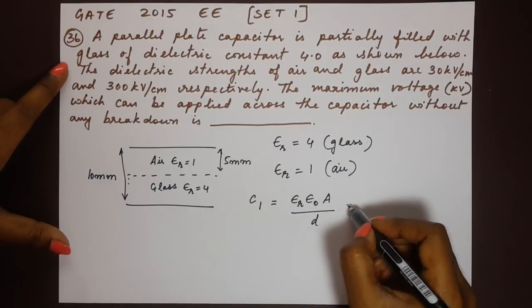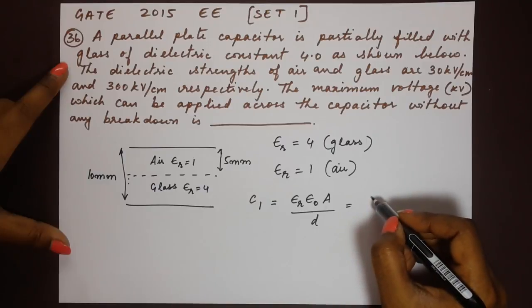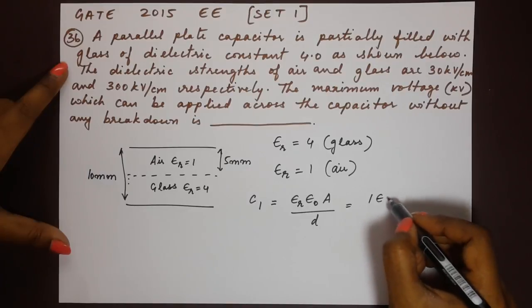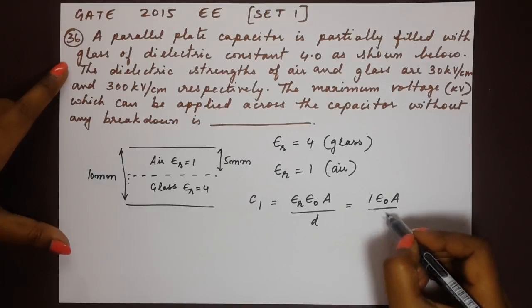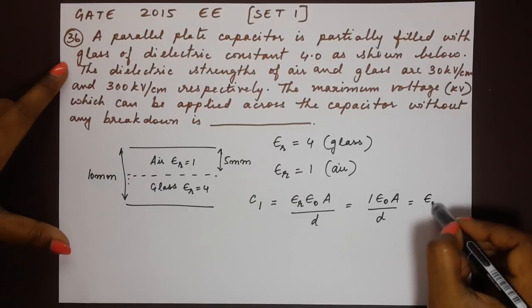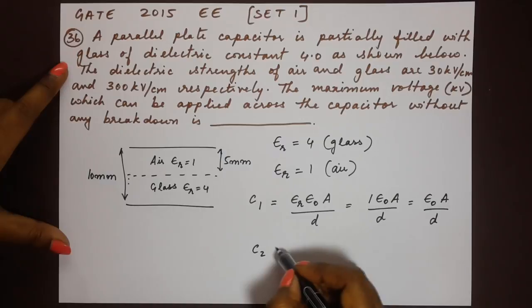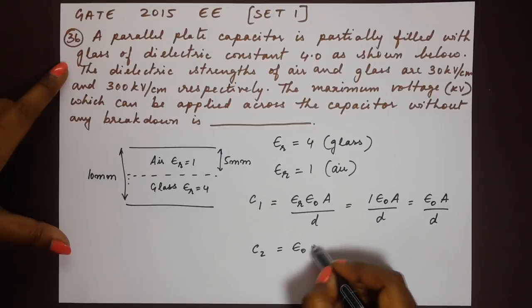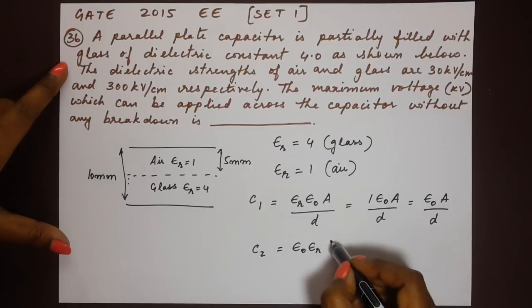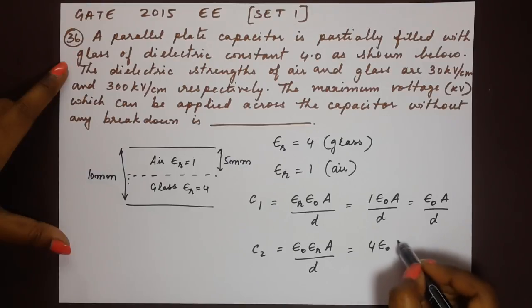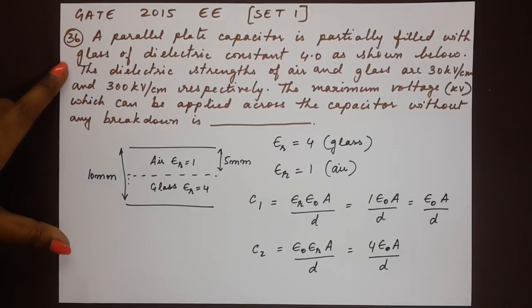So here, for air, let's start with air. C1 is air. So here we have 1 into epsilon naught A divided by D, which is epsilon naught A by D. C2 is for glass and here the formula will be the same, divided by D, 4 epsilon naught A by D. So we have C1 and C2.